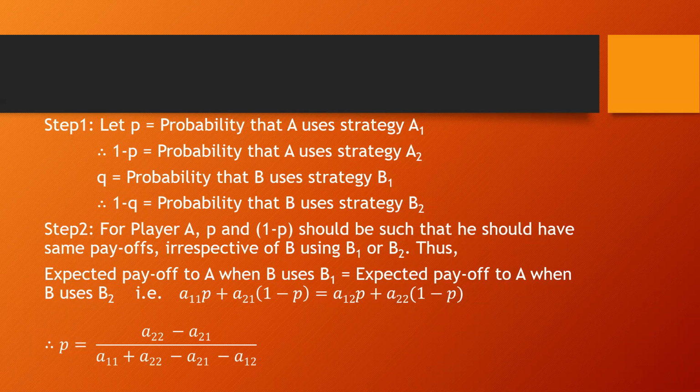Now, to make it very easy for you, whenever we are finding the value of P, look at the values of the last row, or the second row, because we have only two values. The last value, that is A22, minus the first value of the last row. That is how you have to work it out.